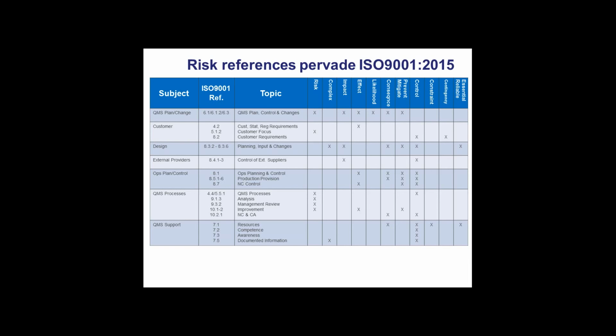We're not necessarily using the term risk. And indeed, the 2008 standard is also peppered with many of these terms. So you're already working with risk. The 2015 standard is simply being more explicit on the subject of risk.